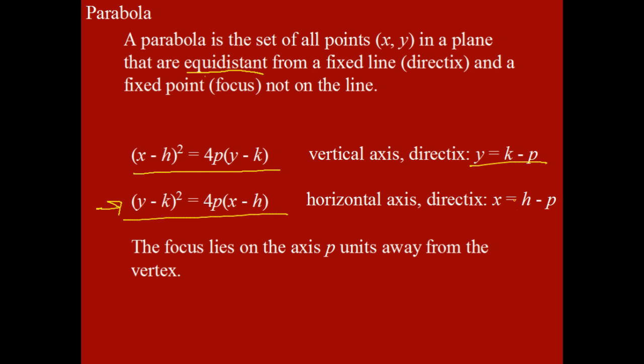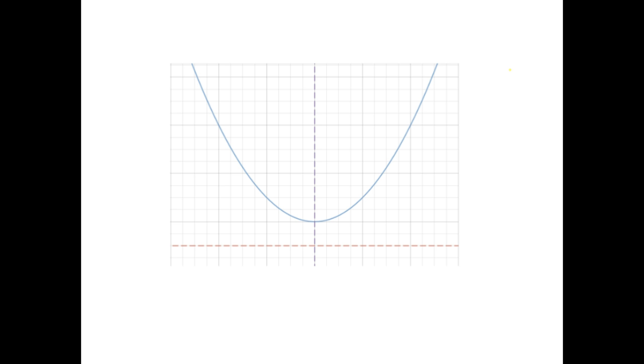And then this value p, the focus lies on the axis p units away from the vertex. So the distance the directrix is away from the vertex is the same distance that the focus is away from the vertex. So let's look at a diagram here to see the concept.